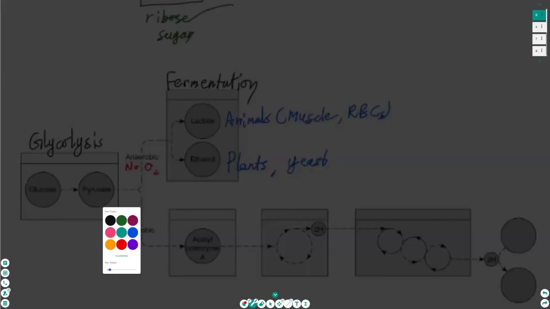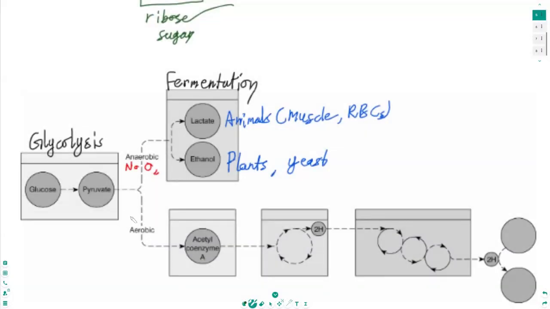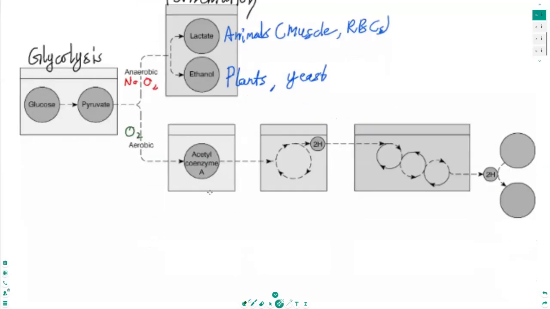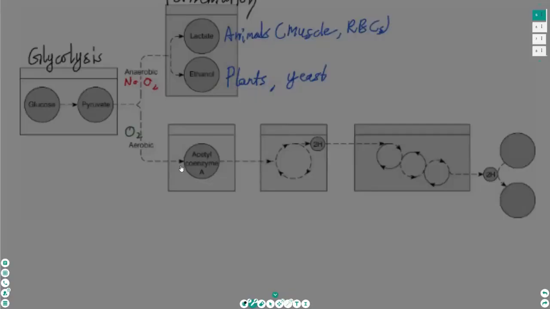But when there is O2, then pyruvate will enter the mitochondria and be converted into acetyl-CoA to go into aerobic respiration. And there are more steps for aerobic respiration.